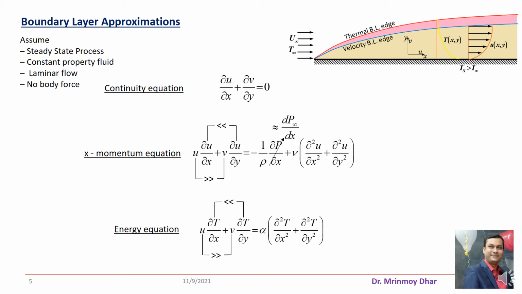Because in the thermal boundary layer, the variation of temperature T in the upward direction will be much higher than the variation of temperature T in the x direction, because the temperature has to undergo a large change from the temperature at the surface Ts to the free stream temperature outside the boundary layer, T infinity. So within the small boundary layer thickness, the temperature has to undergo a large range. So del t del y will be much higher than del t del x.